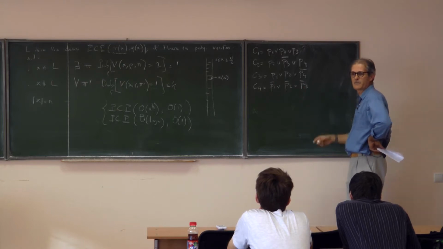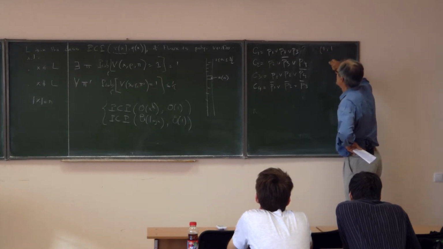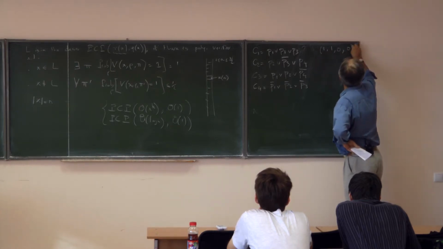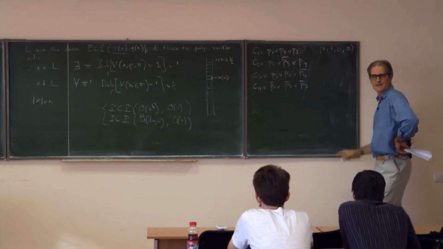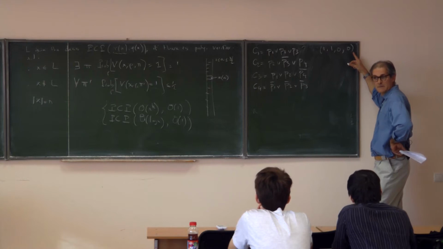Okay? So my assignment should be 1 for P1, 1 for P2, and 0 for P3. And then P4 is anything you want, 0 for you. Okay, so this is a good assignment. And so this is a proof of size n.